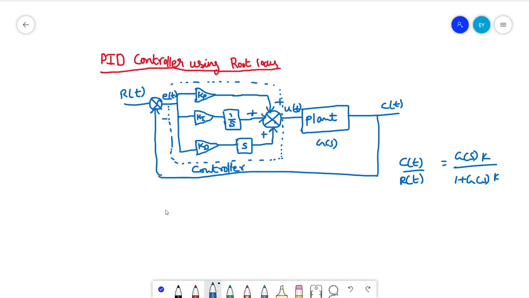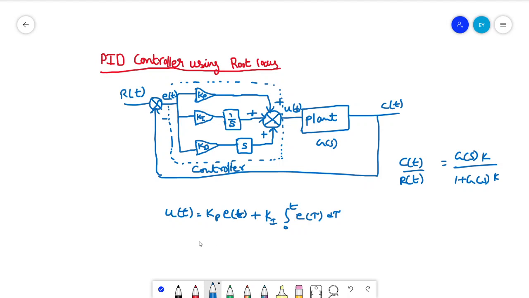So u of t is equal to Kp into e of t plus Ki into the integration from 0 to t of e of tau. It's one and the same.